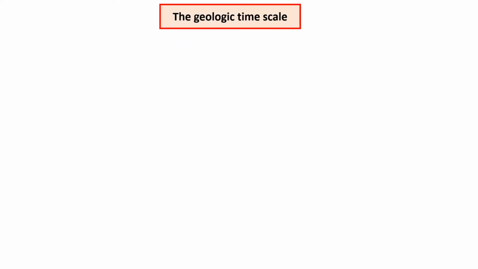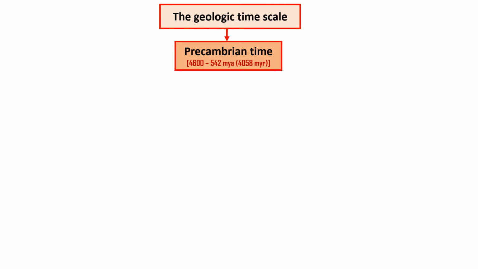Now let us check the eras and their divisions and durations. The geologic time scale starts with Precambrian time, and the eras start after the Precambrian time, from 542 to 1.8 million years ago, around 540.2 million years.